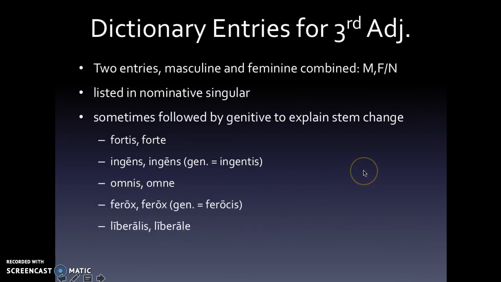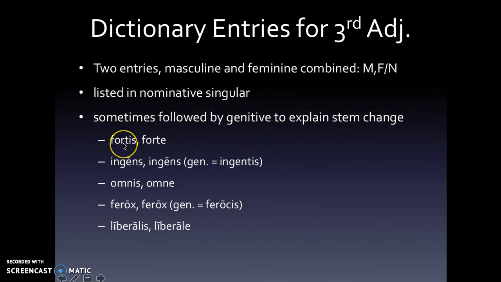The dictionary entries for the third declension adjectives are a little bit different. There's usually 2 entries. The first one is the masculine and the feminine combined, and then the next one is the neuter. Both of those are in the nominative singular. Sometimes it'll be followed by a genitive in order to explain a stem change, which does happen often in the third declension.